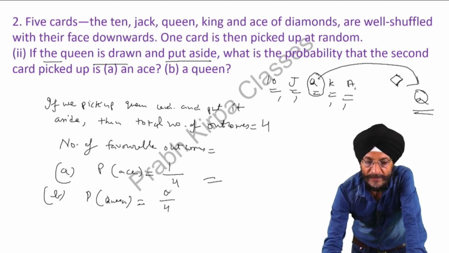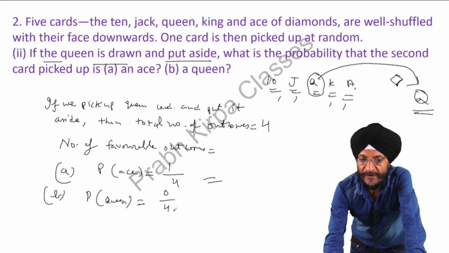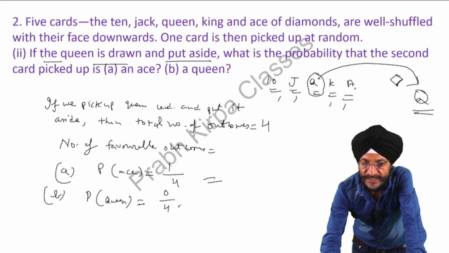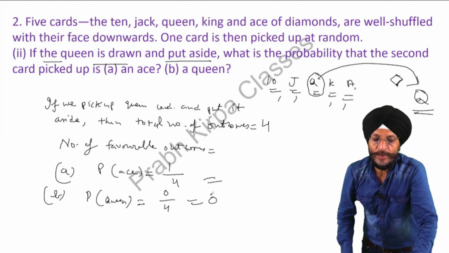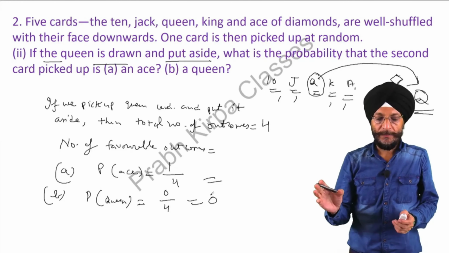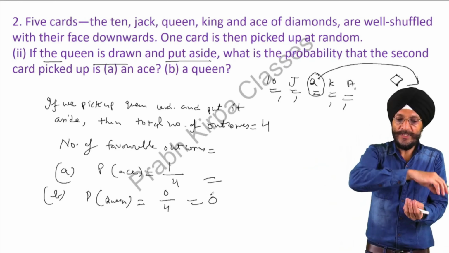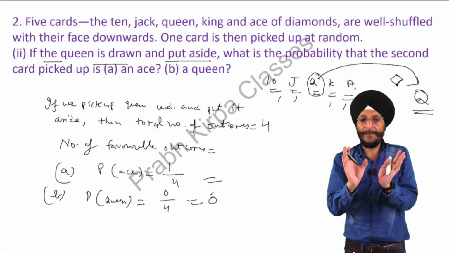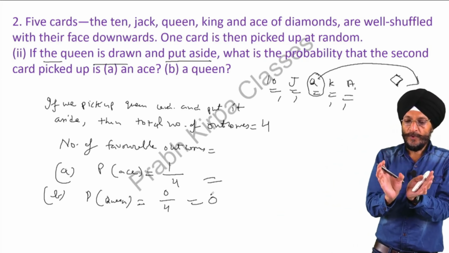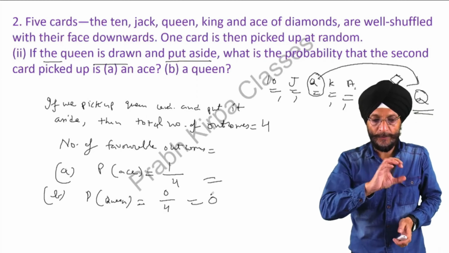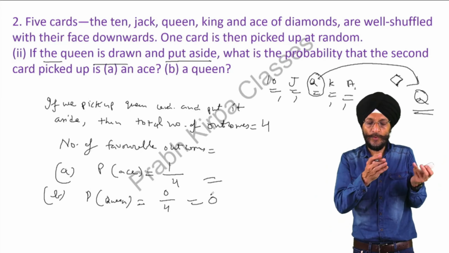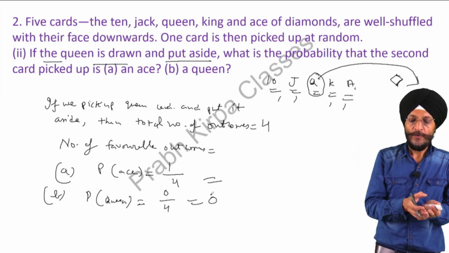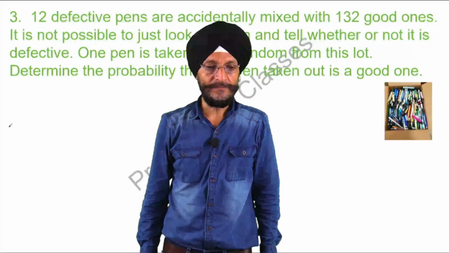So the probability here we will write 0, and it will be divided by the total number of outcomes. This is 4. So the probability of getting the queen card is 0, because we have already put aside the queen card and the balance cards are not having any queen card in it. When the queen card is not present in the cards, we cannot get the queen card.